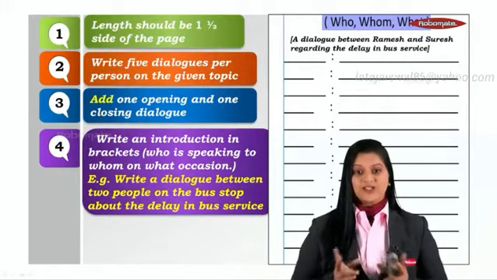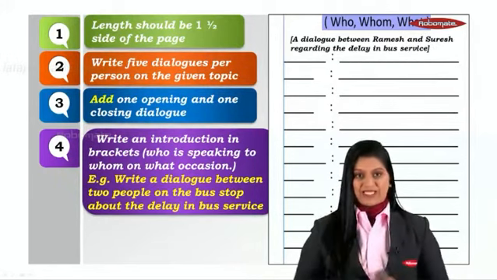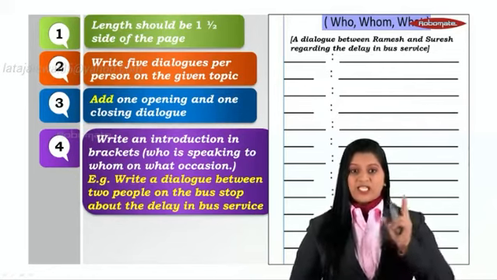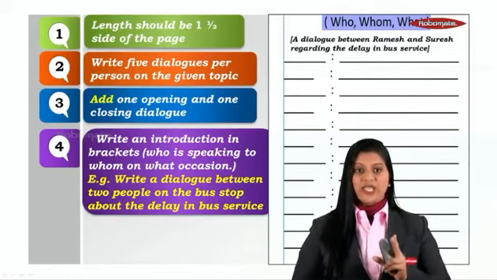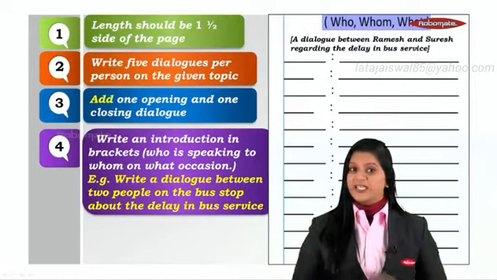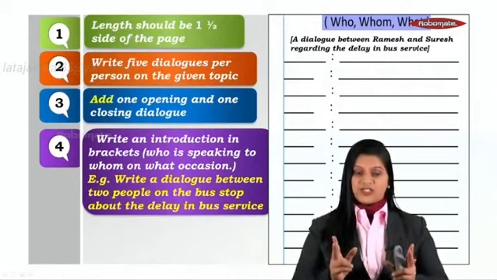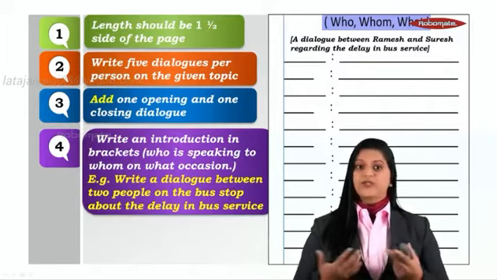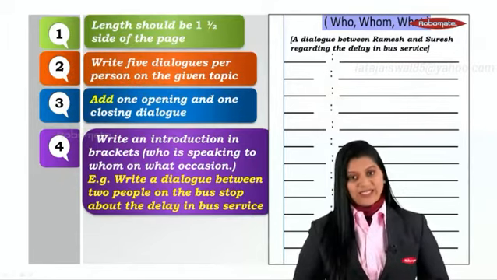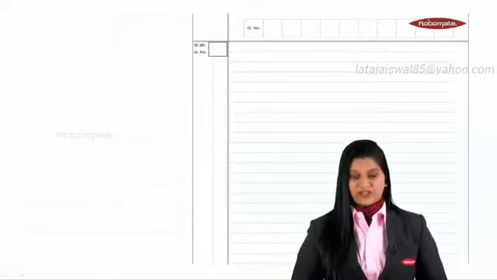You're going to start your dialogue with a line in brackets: a dialogue between Ramesh and Suresh regarding the delay in bus service. This is going to be your introduction, the first thing that you do when you start your dialogue.